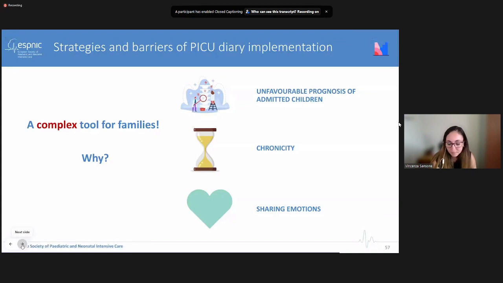On contrary, often parents of chronic children feel safer in hospital, so the hospital is not traumatic, and for this reason they chose to not write on the PICU diary. In these cases, parents may be not collaborative in writing.